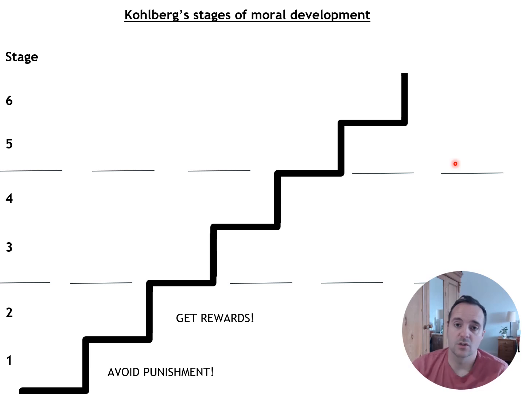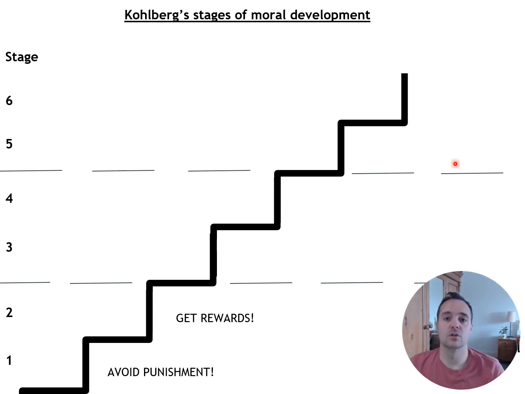This pre-conventional level is essentially selfish. It's all about, I don't want nasty things to happen, and I do want nice things to happen. So at this low level of moral development, people can be quite antisocial because they don't actually care about others. They only care about themselves, and they're only avoiding certain behaviors if they'll be punished for it.